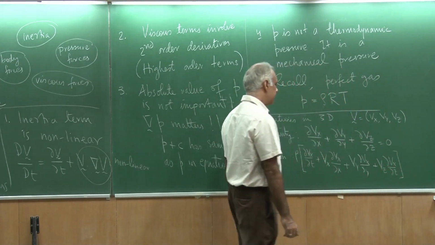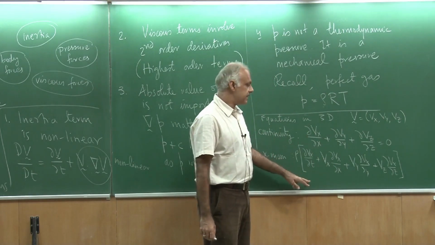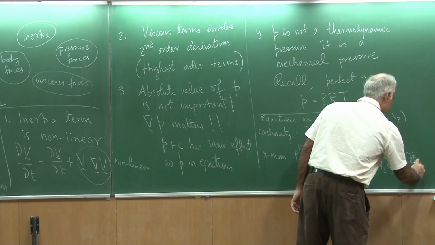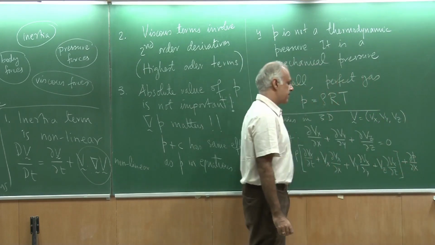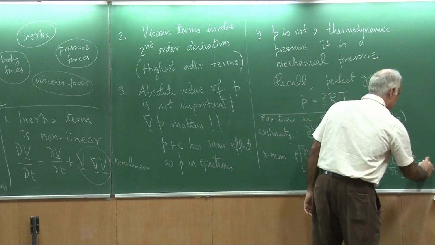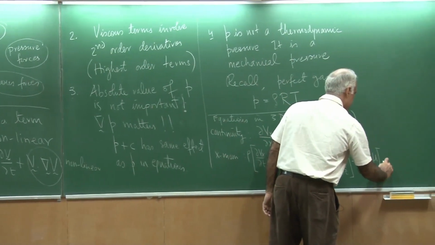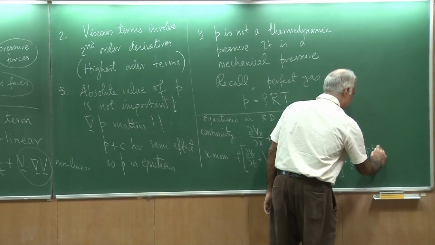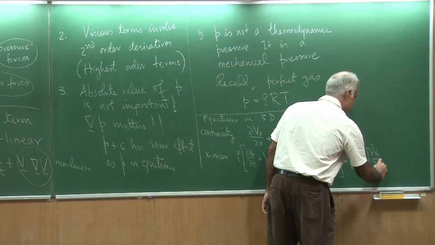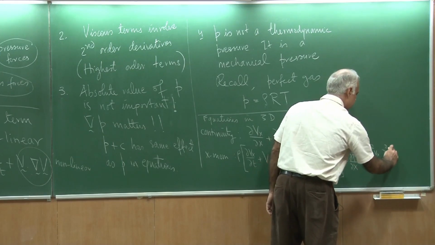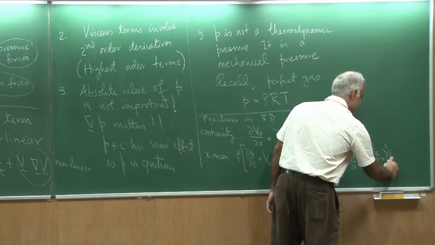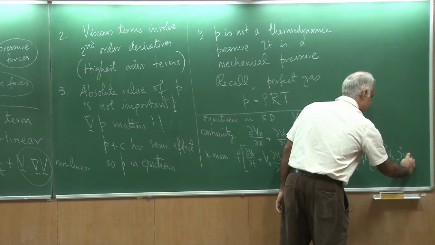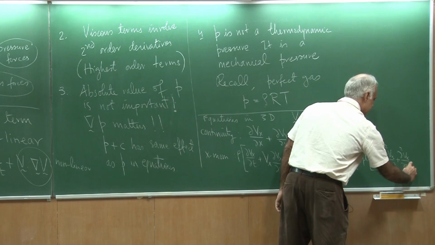So that's my term corresponding to dv dt. Then the pressure gradient term, so that would be del p by del x, and this would be given as mu times the Laplacian of Vx, so that would be del square Vx by del x square plus del square Vx by del y square plus del square Vx by del z square.